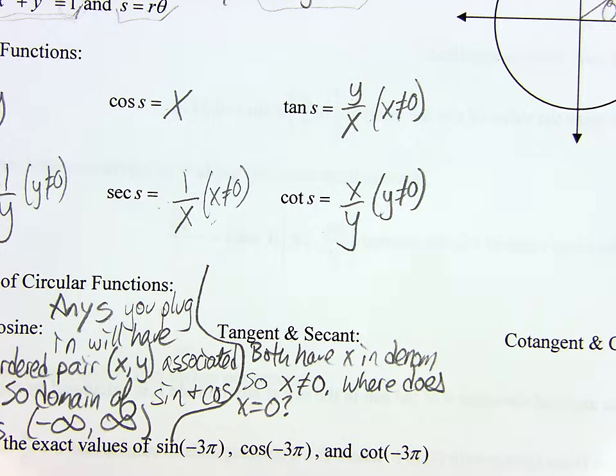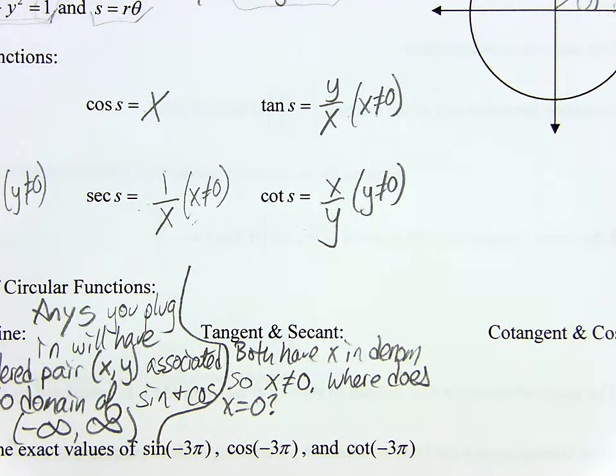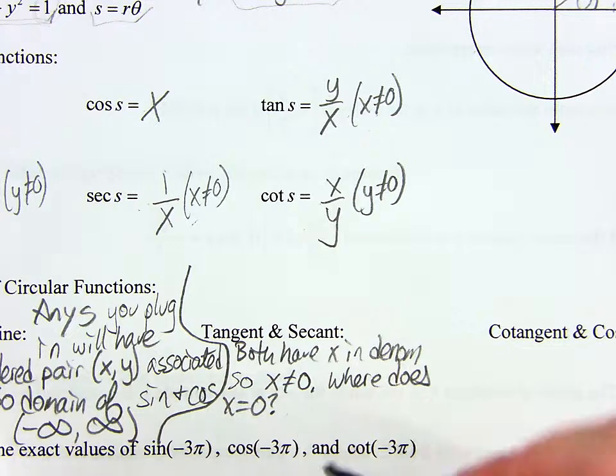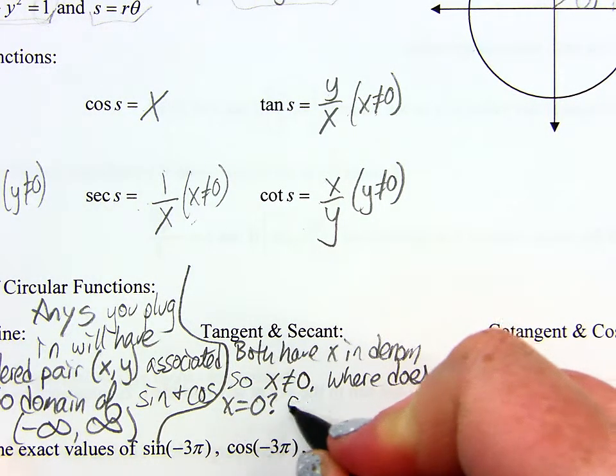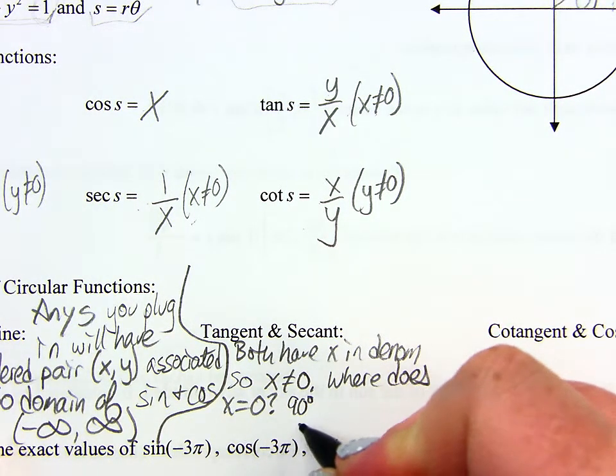And remember, x is cosine. So cosine is equal to 0, the first time it happens, at 90 degrees, which is pi over 2.